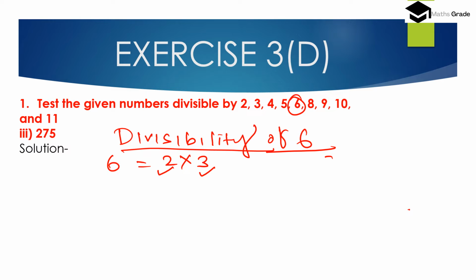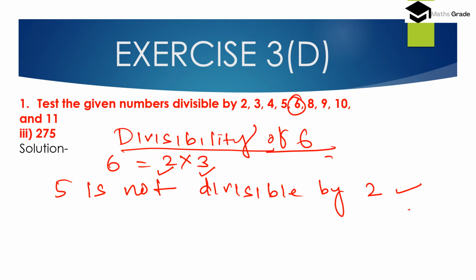First we will check whether 275 is divisible by 2 or not. The last digit of the number is 5, and 5 is not divisible by 2. So the number 275 is not divisible by 2.